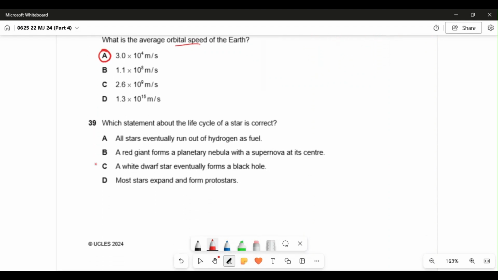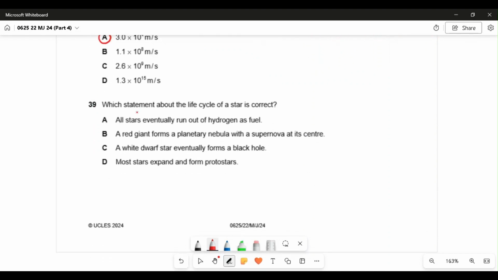39. Which statement about the life cycle of a star is correct? Option A: all stars eventually run out of hydrogen as a fuel. Yes, of course, all stars run out. Option B: a red giant forms a planetary nebula with a supernova. Supernova is associated with a red supergiant. Option C: a white dwarf forms a black hole.